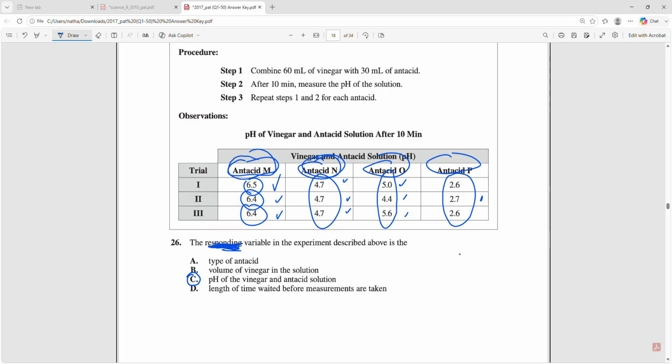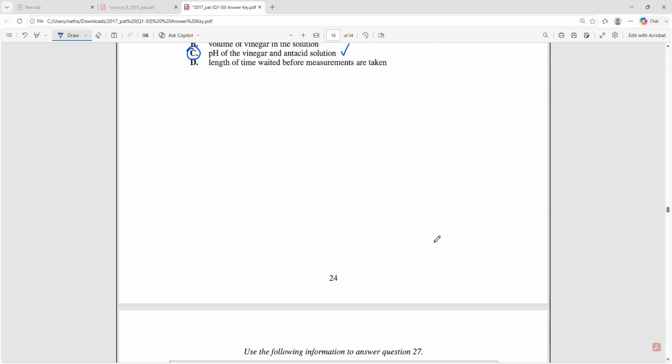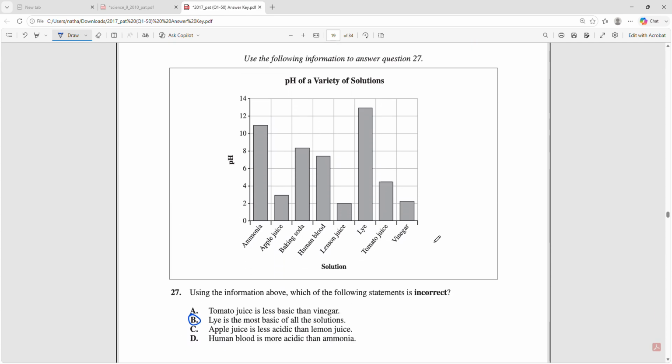Antacid M, this one, and this one. That's the manipulated variable, and the result is the pH of the vinegar. Okay, so we're checking the pH of that vinegar, right? It's resulting in different pHs. Here a higher one, here a slightly lower one, here a very low one. And that's the result. The responding variable is the pH.